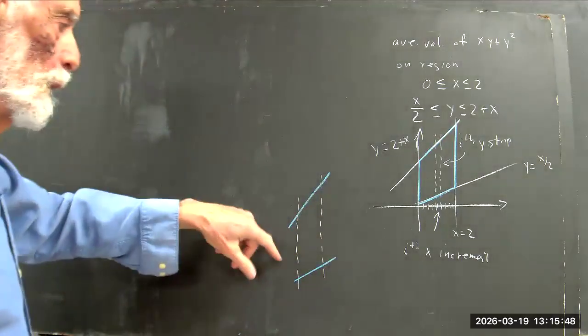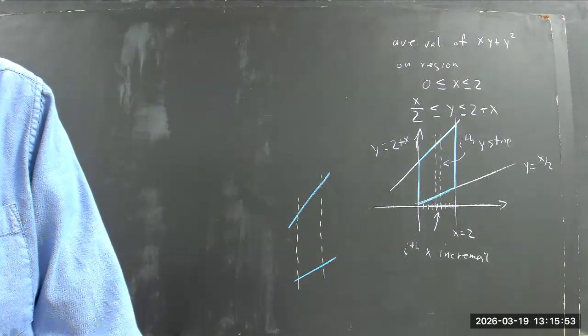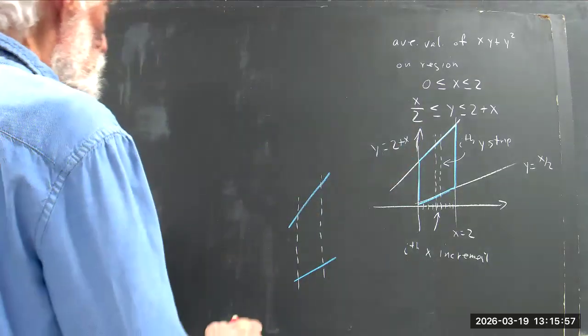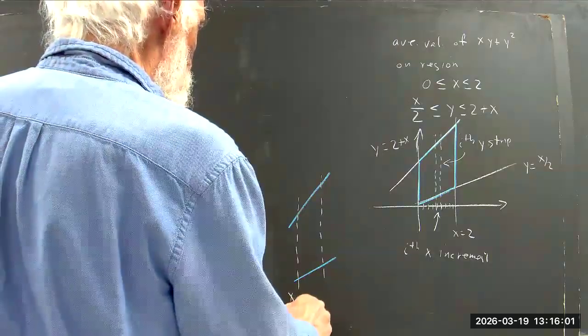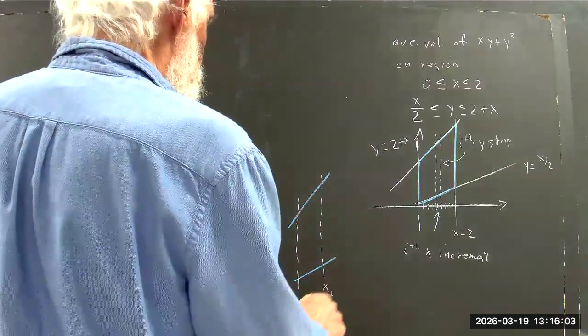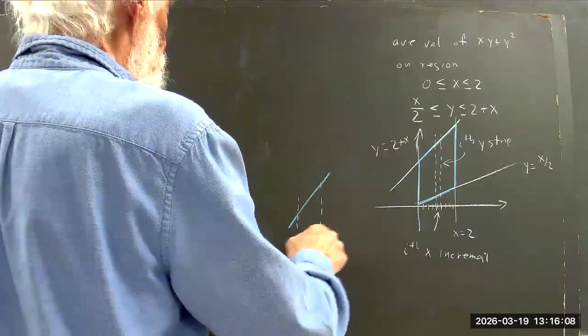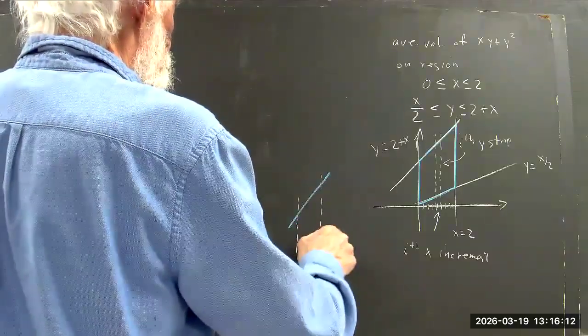I'm going to exaggerate the width of the increment, okay? So I can label things. There isn't room in here to label. So here's x sub i minus 1, here's x sub i. And just tell me when to stop. Somebody clap their hands.